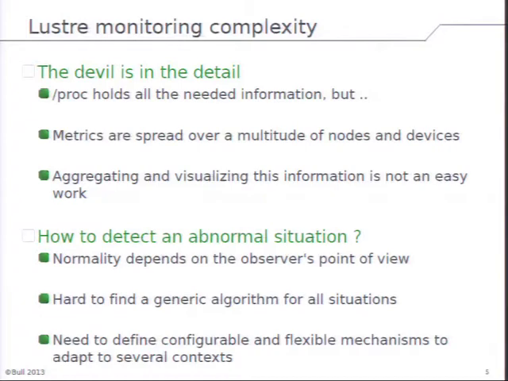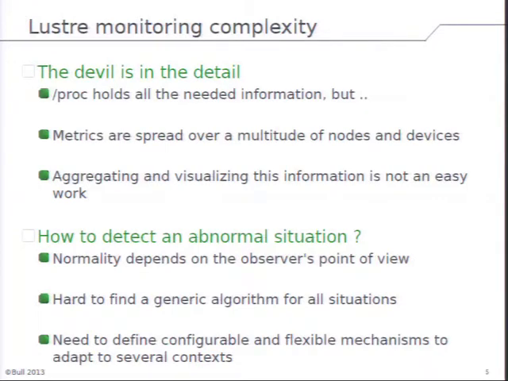But the problem is that this information is really spread on every node in several devices, several subdirectories in /proc, and it's quite hard to aggregate all this data and to extract some information, for example, about a whole node or a whole file system, or to cross-reference data you can find about different OSTs or things like that.